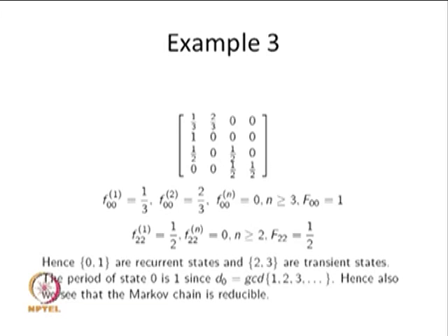So, that probability is 1/3. You find out F00 of 2. F00 of 2, exactly 2 steps, as a first visit you have to come back to the state 0. That means, you can go to the state 1 by starting from the state 0 and come back to the state 0 in the next step. Therefore, it is 2/3 into 1, therefore, it is going to be 2/3.